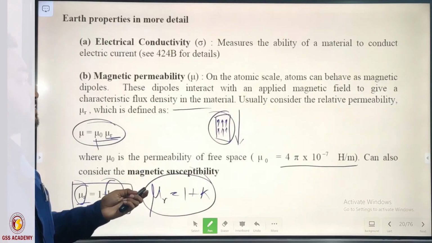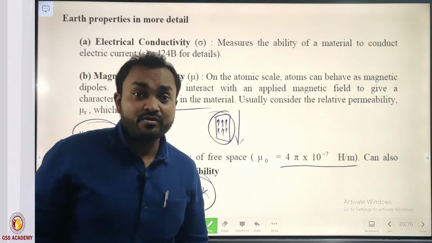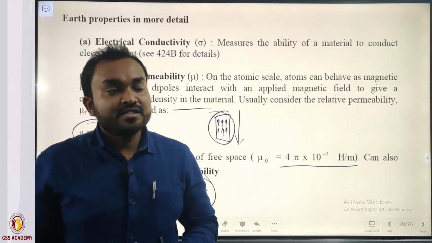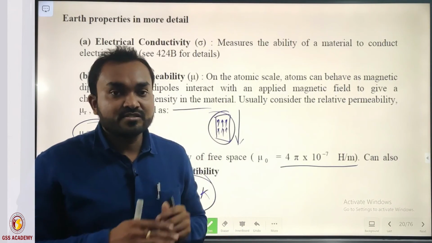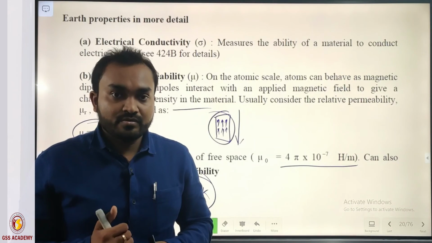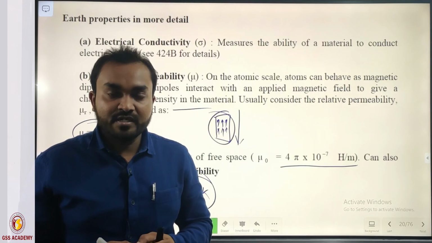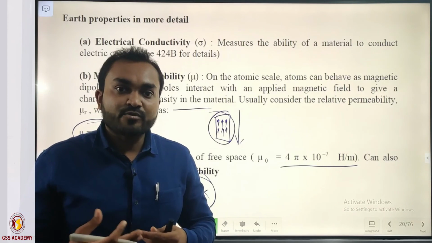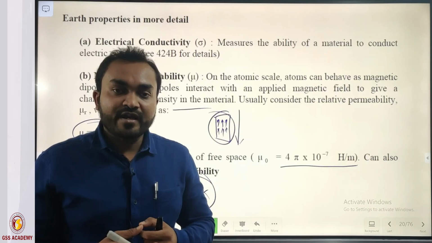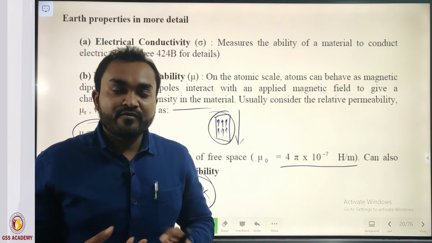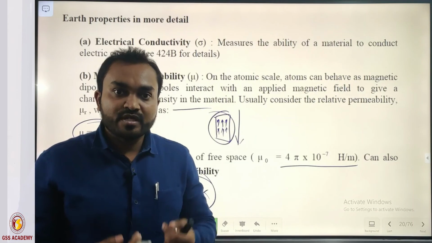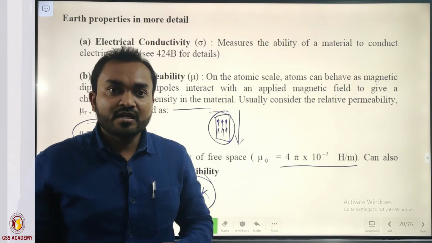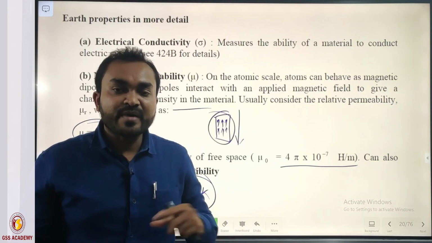In the next class we will describe the Maxwell equations. So in this first class, we have described all about the properties. First we started with what is the electromagnetic method, then we came to Faraday's induction law, and from there how the electromagnetic wave is generated by coupling of the electric field and magnetic field.